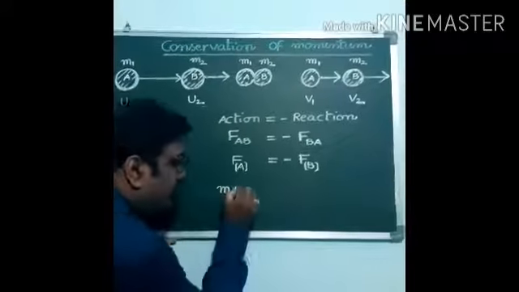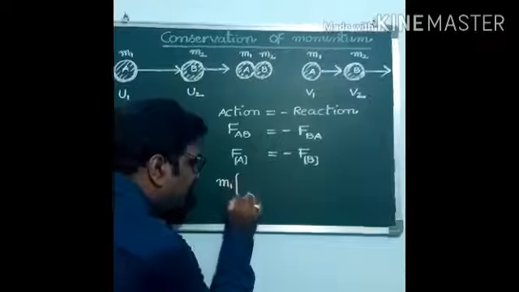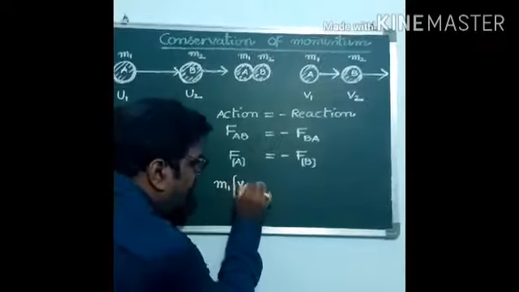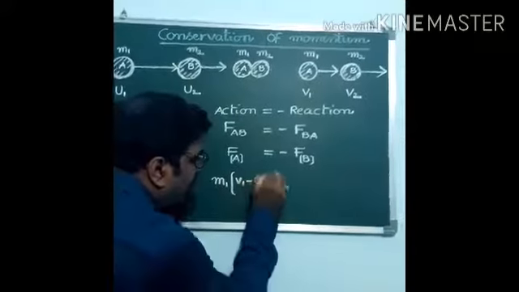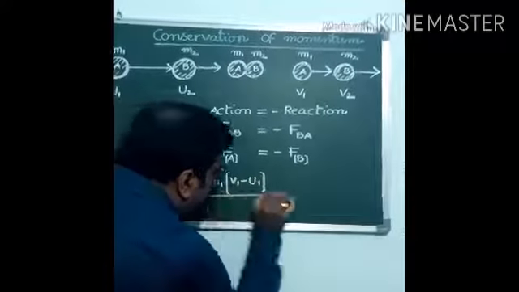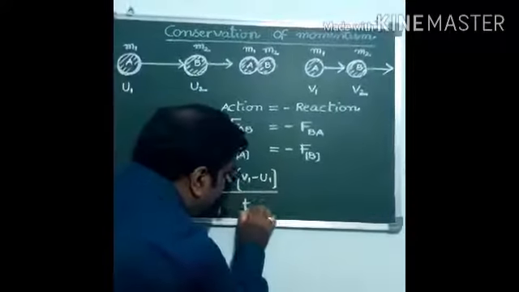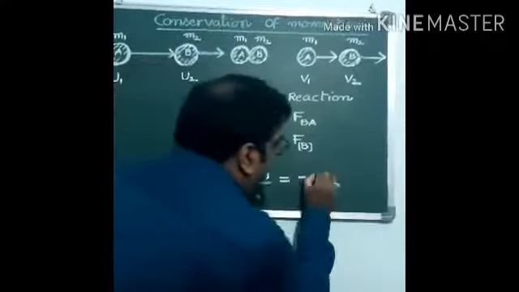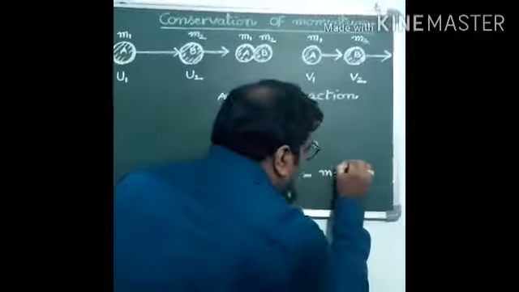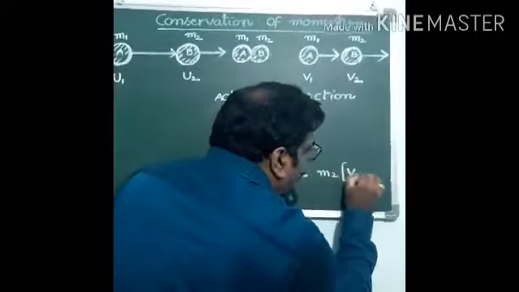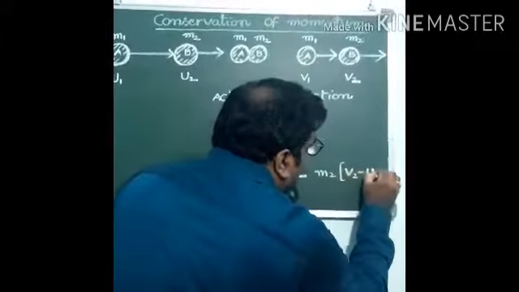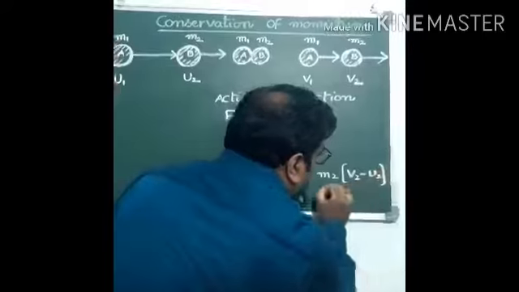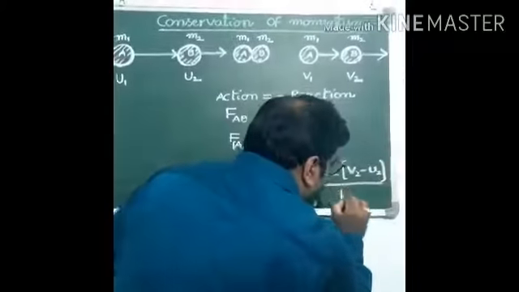Now F of A, what did you get? m1 (v1 minus u1) by t1 equal to minus of m2 into (v2 minus u2) by t2.